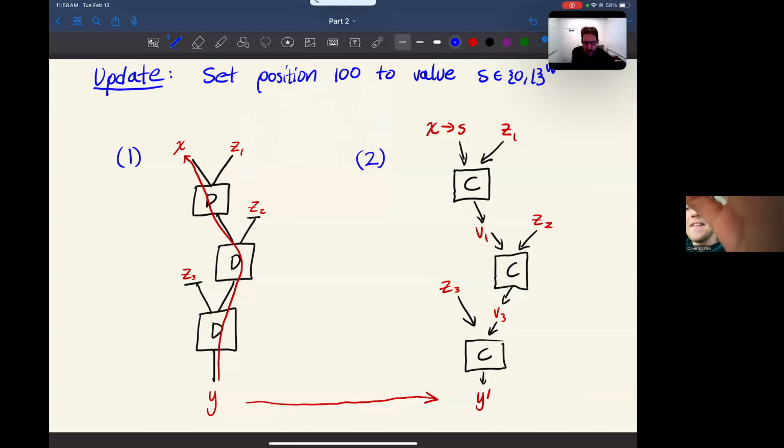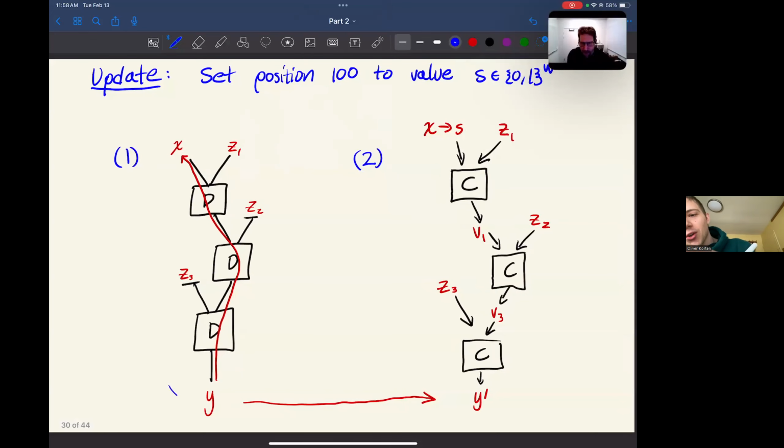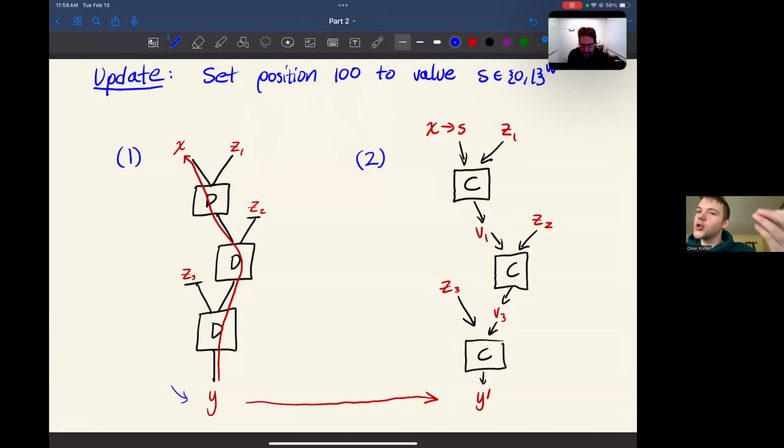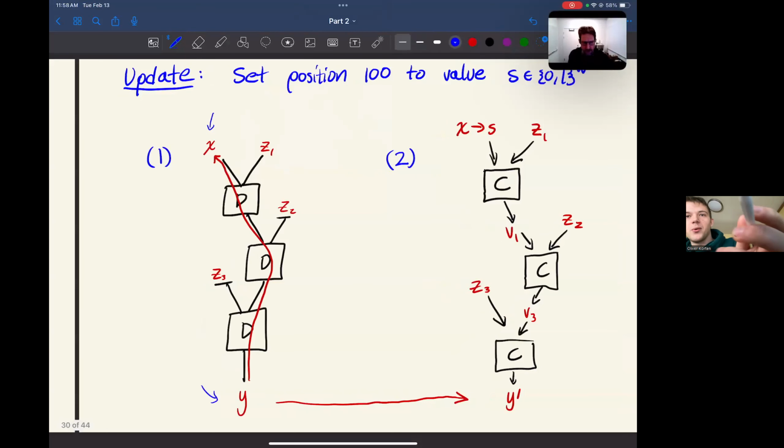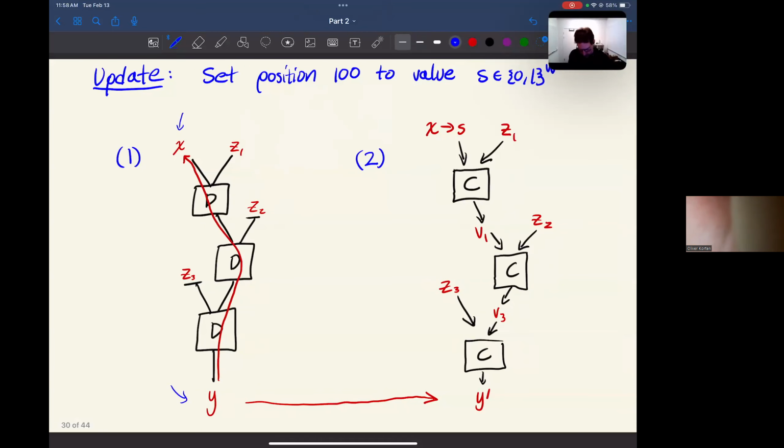Okay. So I have this initial Y, which represents my virtual memory, and I have a certain leaf that I want to get. What I'm going to do is first follow this access step, where I follow the tree and get to whatever is currently stored here. But every time I branch, I'm going to keep track of the other value.